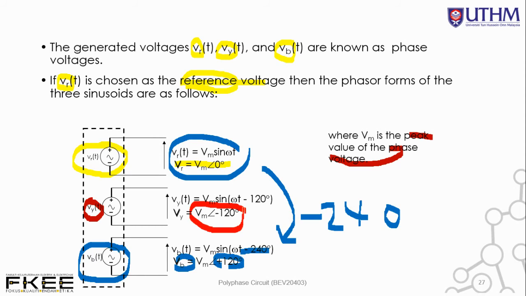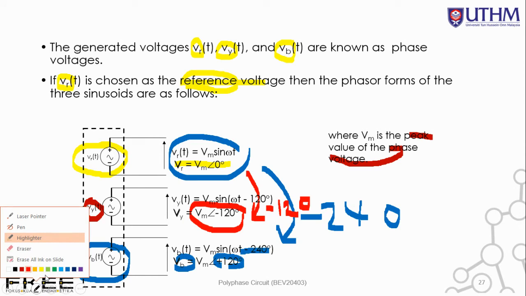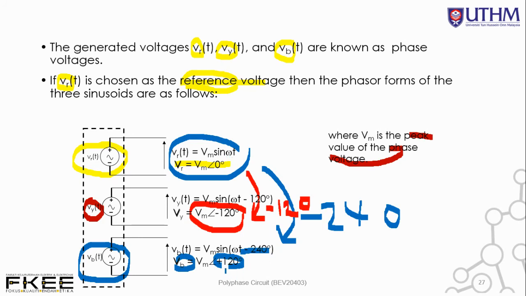Okay, I repeat, if you go back to Vy, so this is 120 degree after VR, right? But for Vb, this is minus 240 degree after VR, or in the other way, you can simply say this is actually positive 120 degree ahead of VR.